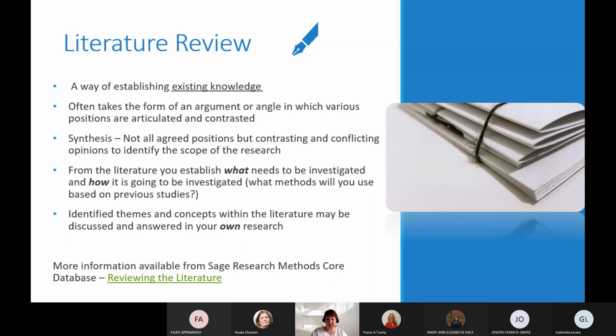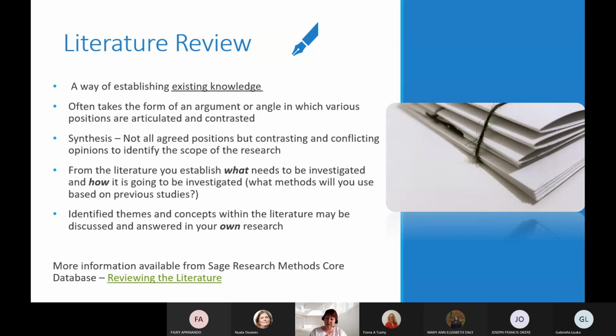So from this, you're establishing what needs to be investigated and how you're going to do that. So if you like, you're identifying themes and concepts within the literature and how you're going to answer it in your own research. So this is all key. It's not just a summary of everything that's out there. It's identifying gaps. It's identifying, I suppose, what you're going to prove in your own thesis, the new knowledge you're going to add to it.